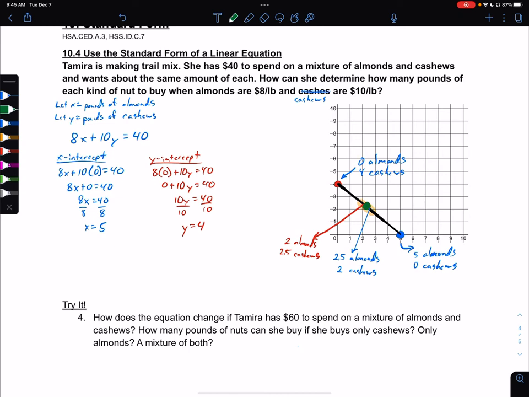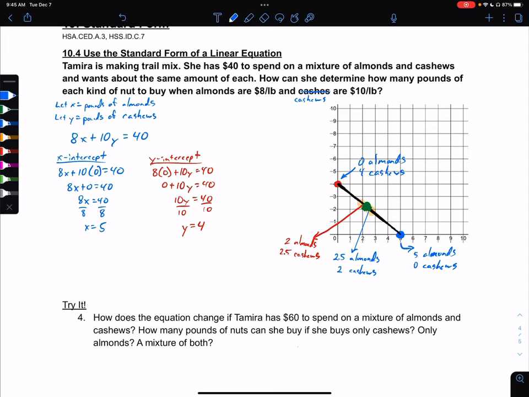Somewhere in this little region right here is where there's going to be about the same amount of almonds and cashews. Kind of depends on the packaging, how specific and how detailed you want to measure these out. But a good answer for about the same amount of each would be somewhere between 2 and 2.5 pounds of each one with that $40 budget.